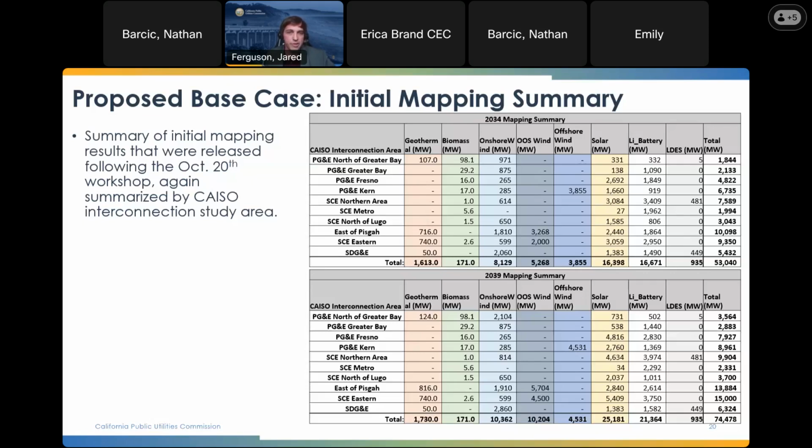So you can see how these 2 ways of dividing the state are both similar but different. So this is showing that mapping summary by the interconnection areas. Next slide.